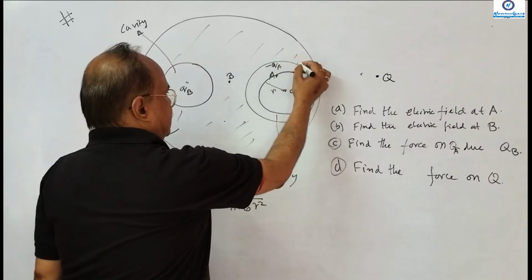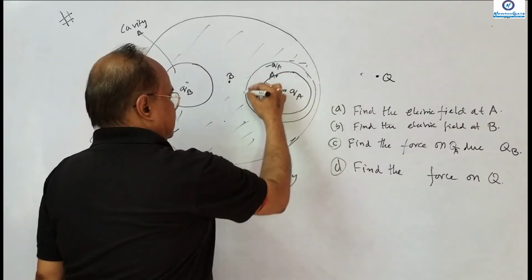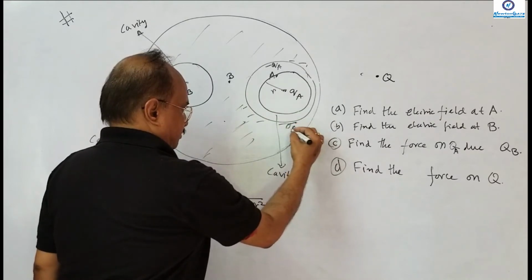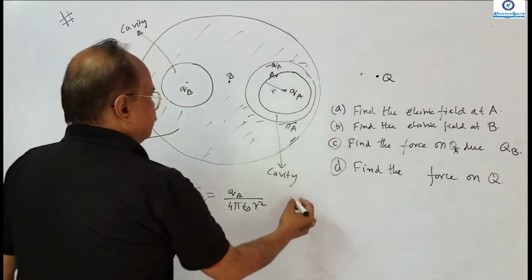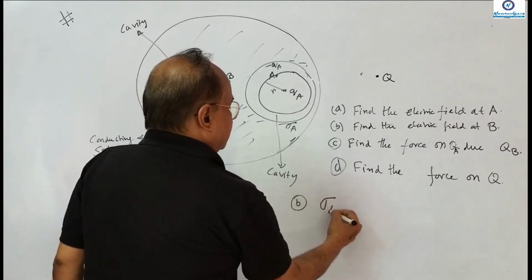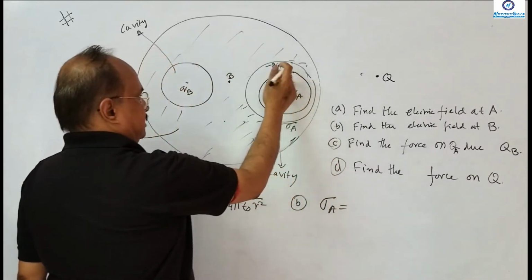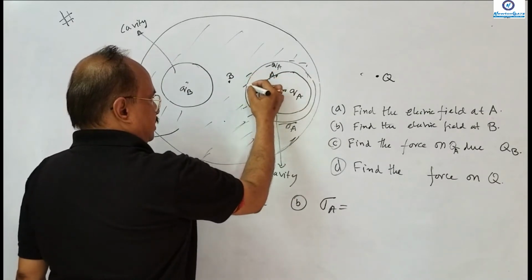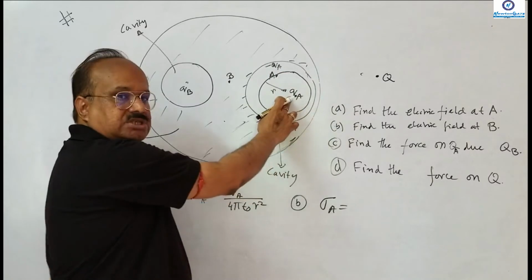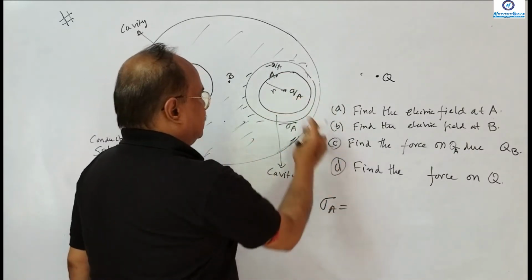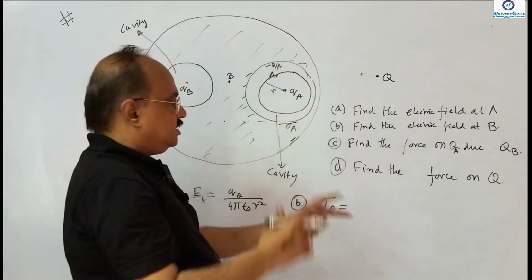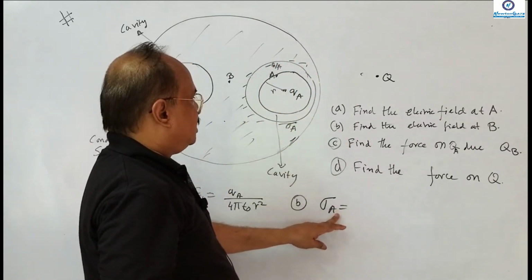Then we can call that the surface charge density, sigma A. This minus QA will be induced on this surface due to this charge, and you can spread it evenly throughout this surface and you will get the surface charge density sigma A.